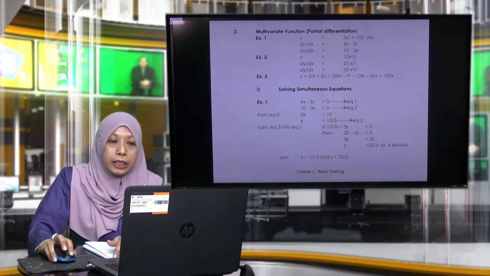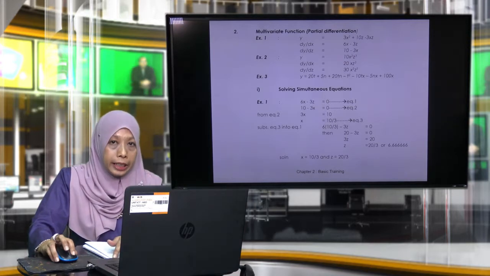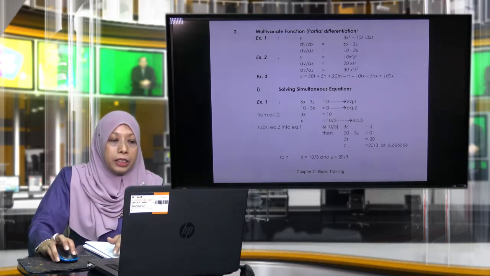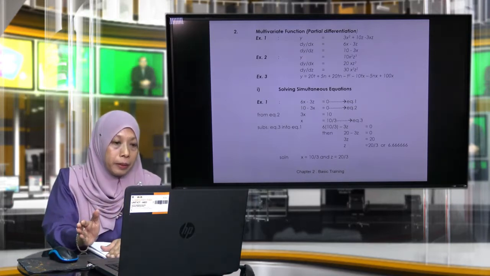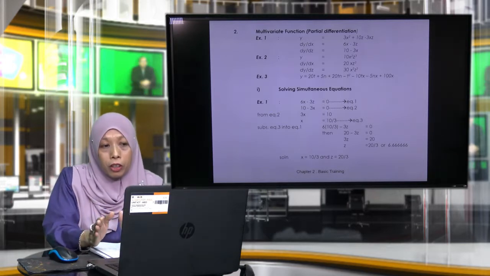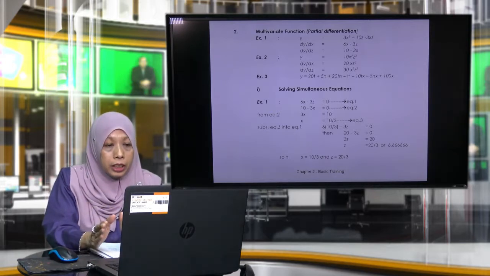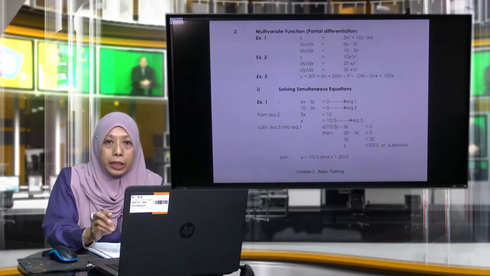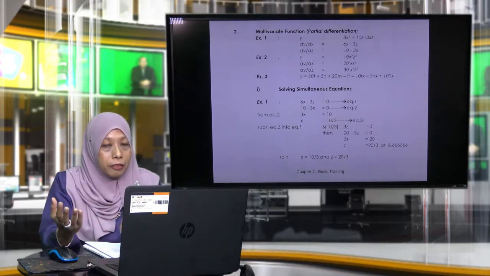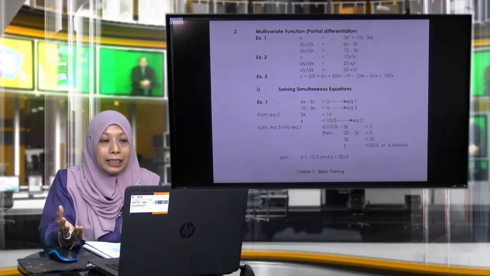To differentiate this function, you need to use the partial differentiation technique, which requires you to differentiate the function with respect to each of the independent variables. First of all, I'm going to differentiate the function with respect to x. When I do that, I have to assume the other variable, which is z, as a number.